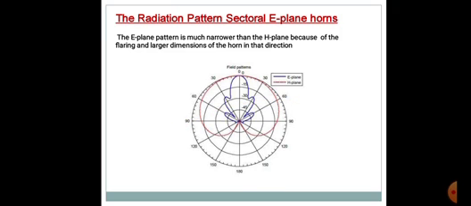Now the radiation pattern of the sectoral E plane horn. The E plane pattern is much narrower than the H plane because of the flaring and larger dimension of the horn in that direction.